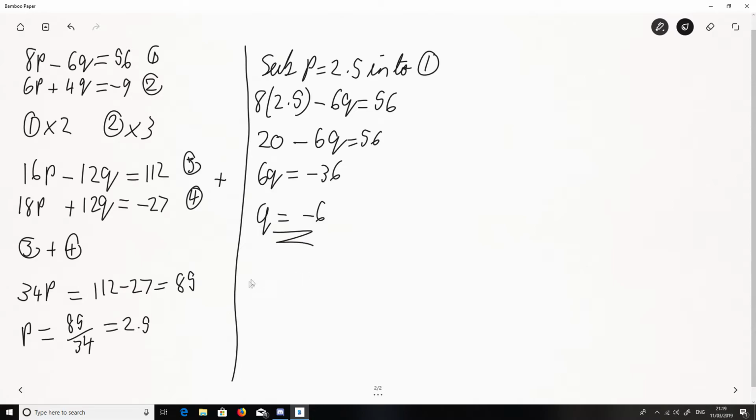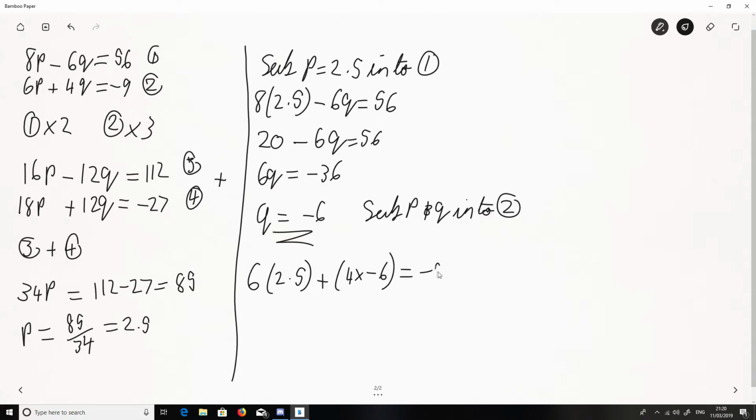So we'll substitute these back in. So 6 times 2.5, this is sub P and Q into equation 2. So that's 6 times 2.5 plus 4 times minus 6 equals minus 9.